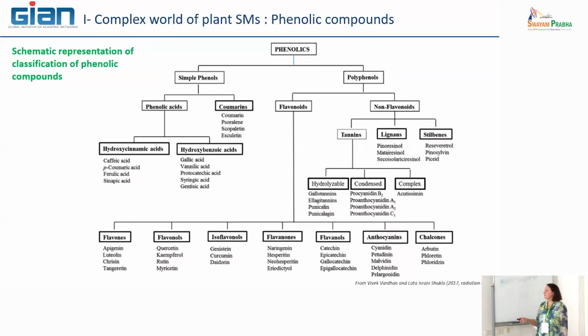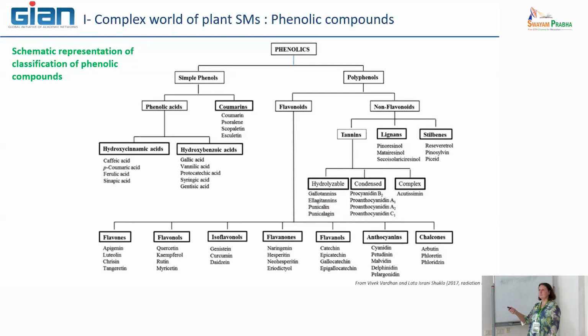And in flavonoids, you have these different types of subclasses of phenolic compounds: flavones, flavonols, isoflavonols, flavanols, anthocyanins, and chalcones. Okay. We will have time to see some examples during my talk. I don't want to decipher all of this, just to show you that it's a very complex organization of this particular family. It is what we call flavonoids.